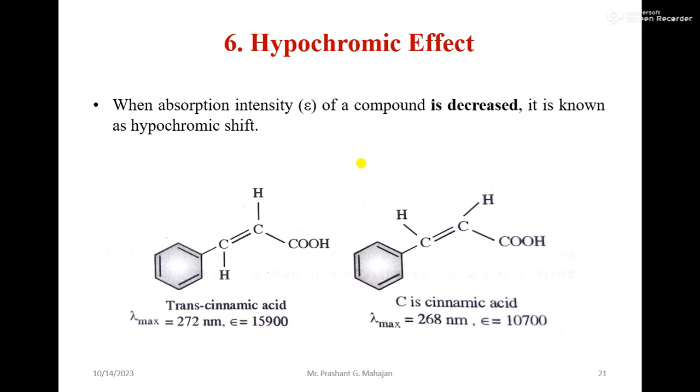First of all, for trans cinnamic acid, you can see the epsilon value is 15900. But when the structure is converted to cis, the epsilon changes to 10700. That means the epsilon value is decreased, and that term is called hypochromic shift.